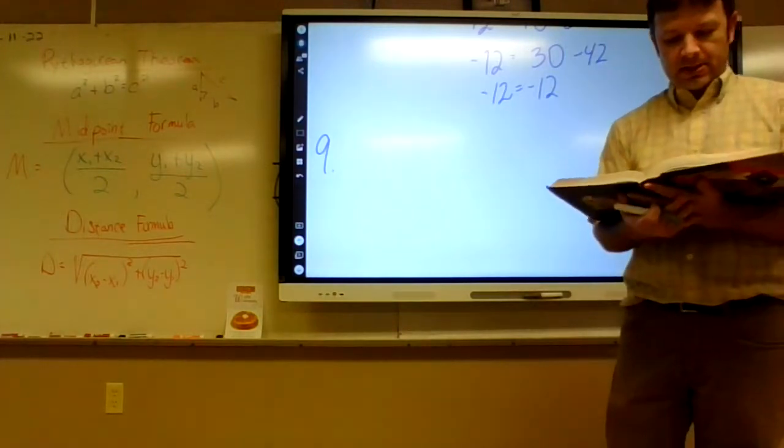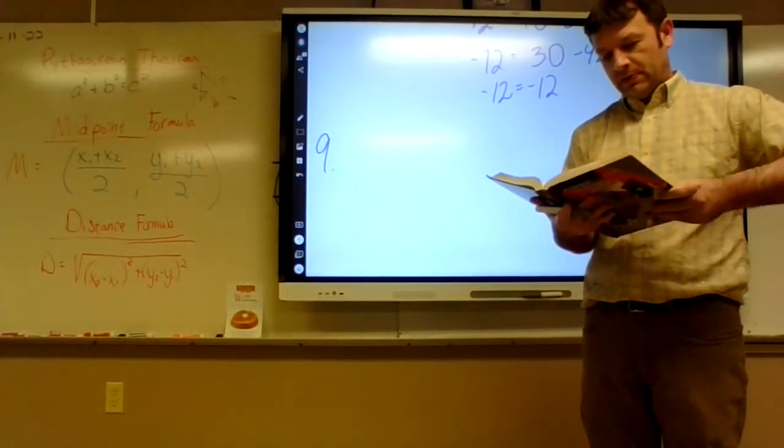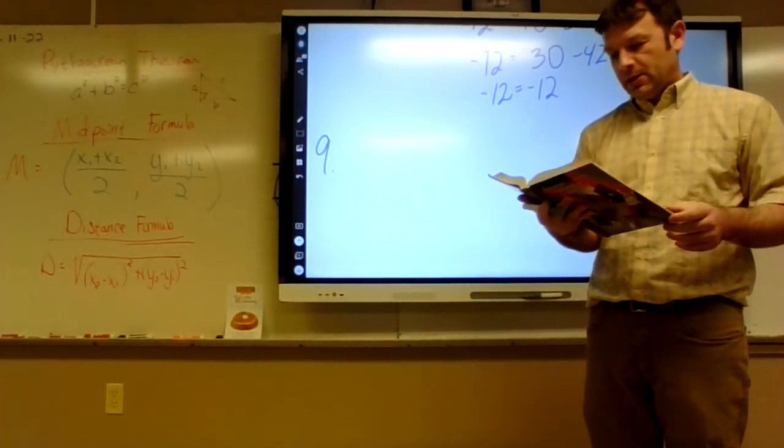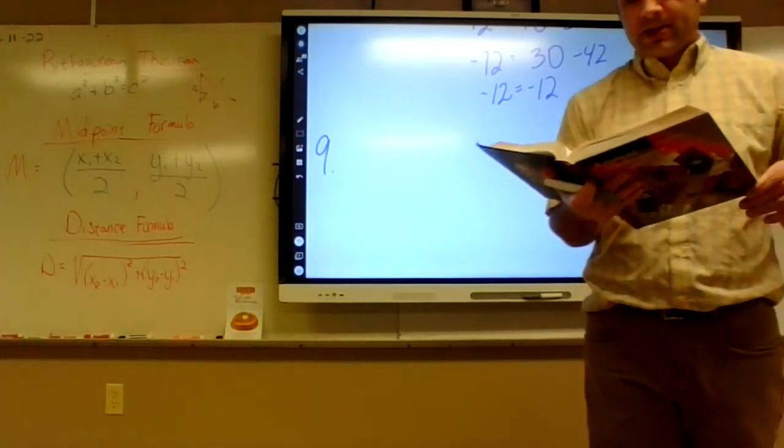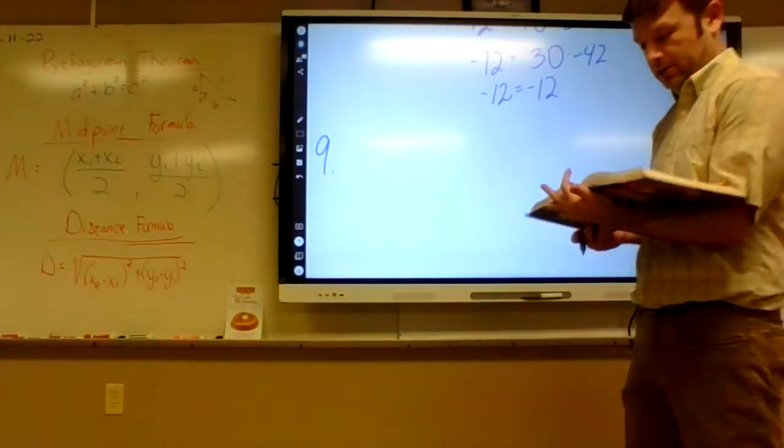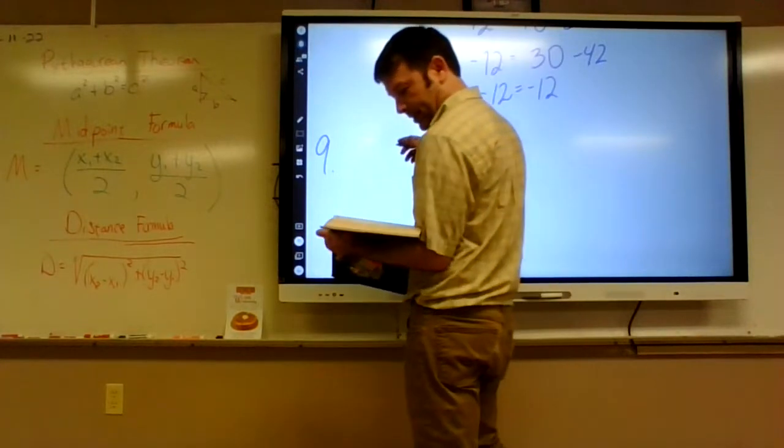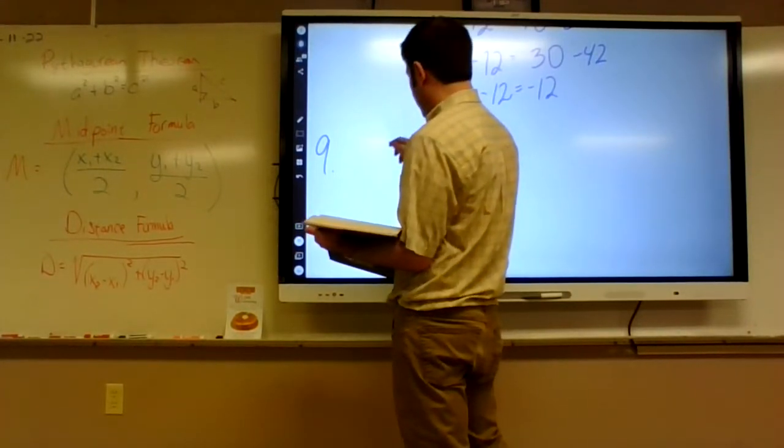In exercises 9 and 10, verify for the given vectors u, v, and w. Okay, kind of the same thing, just way more complicated. Oh wow, that's not that bad. Okay, vector u is -2, 5.